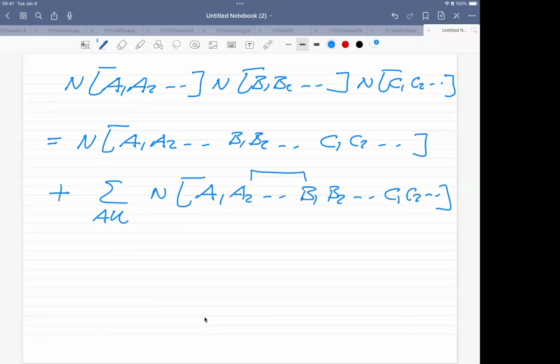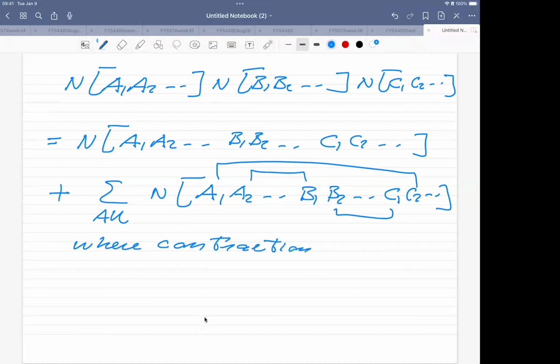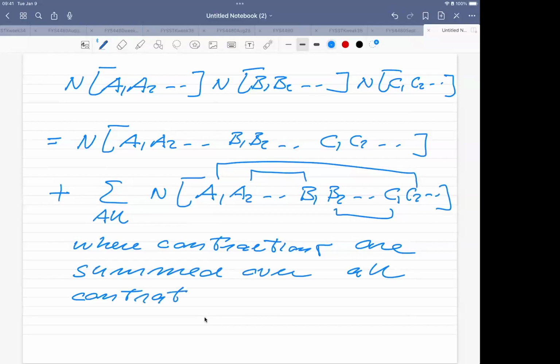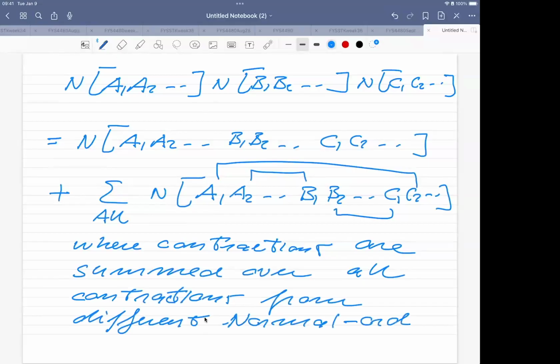So the contraction can only take place between operators from different normal ordered chains. Contractions are summed over all contractions from different normal ordered groups of operators.